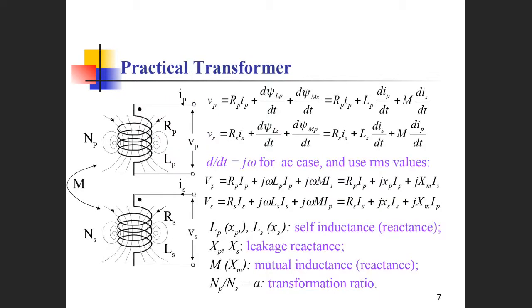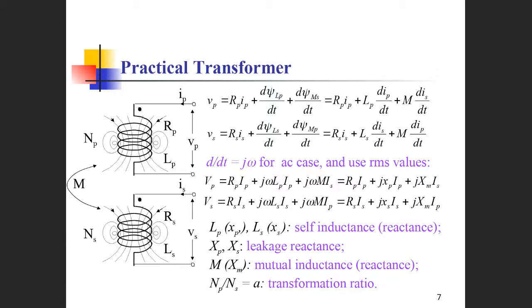And in practice, the coils we use have resistance. Also, the magnetic field produced by the current in the coil has some leakage. As a result, the induced voltage does not depend exactly on the total flux produced by the current in coil 1, and is also related to the coil's resistance.